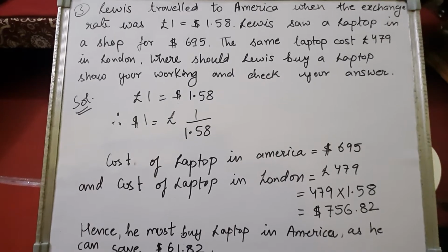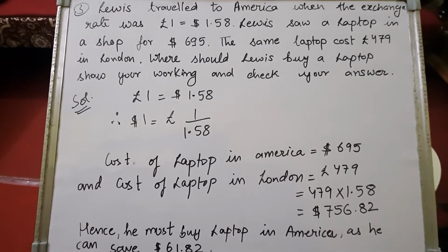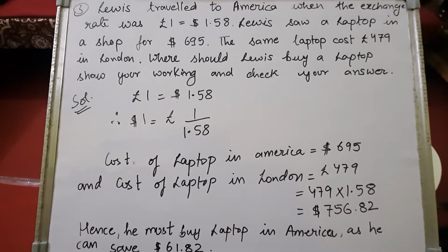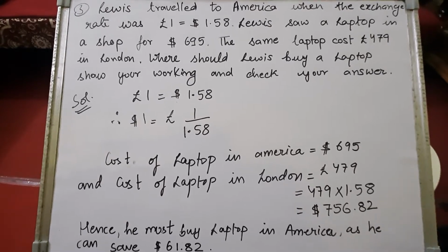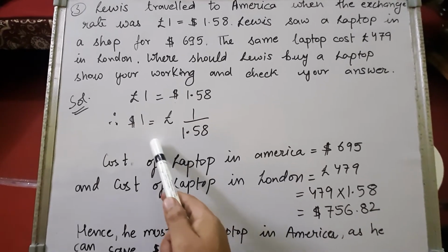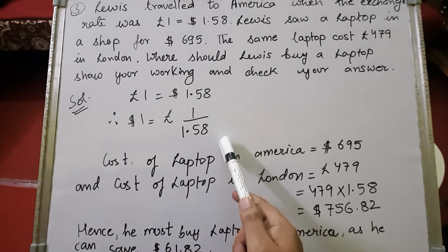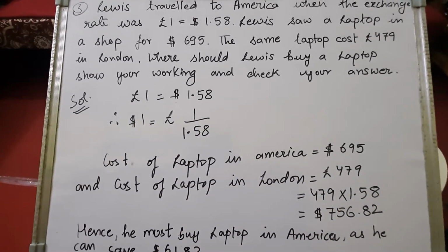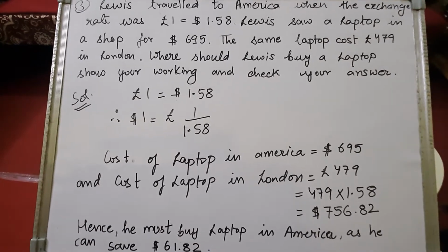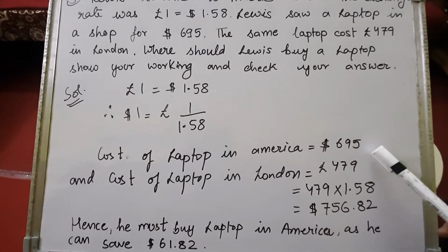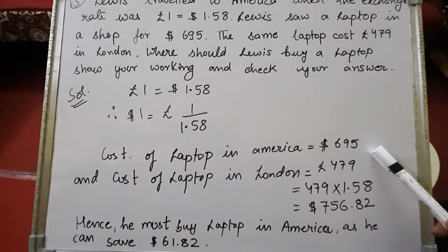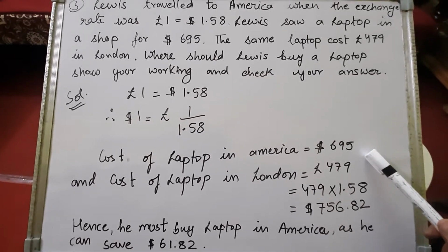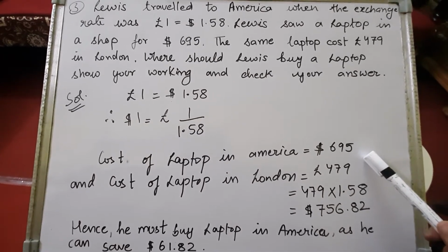Now the exchange rate is given as 1 British pound equals $1.58. So if we cross multiply, then we can say that 1 American dollar equals 1 upon 1.58 British pound or pound sterling. So from here, let's see the cost in America. It is given $695. Right, children?